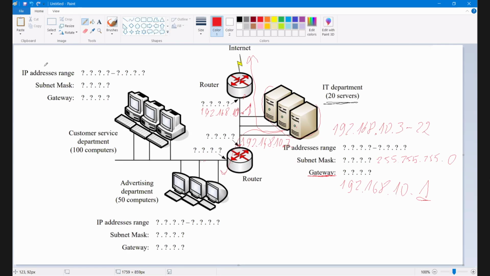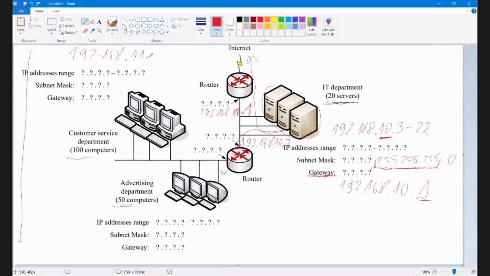This part of the network is a different network. How many computers do we have here? 100, 150. It's also not very big, so we can use 192.168, and if here we have 10, we can use 11, which means a different network when using the default subnet mask.